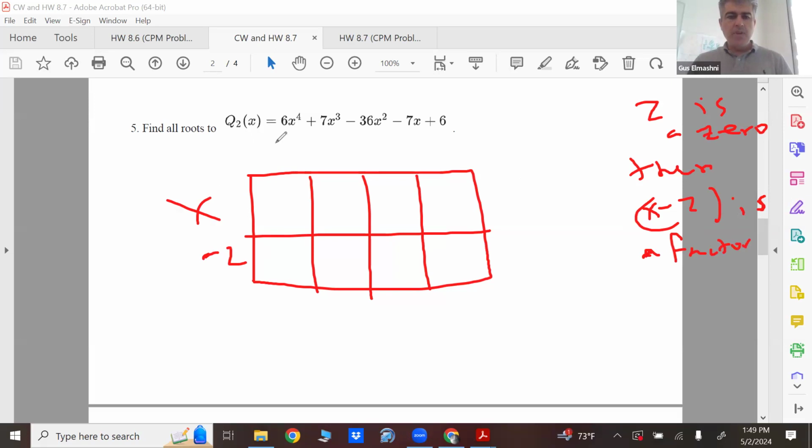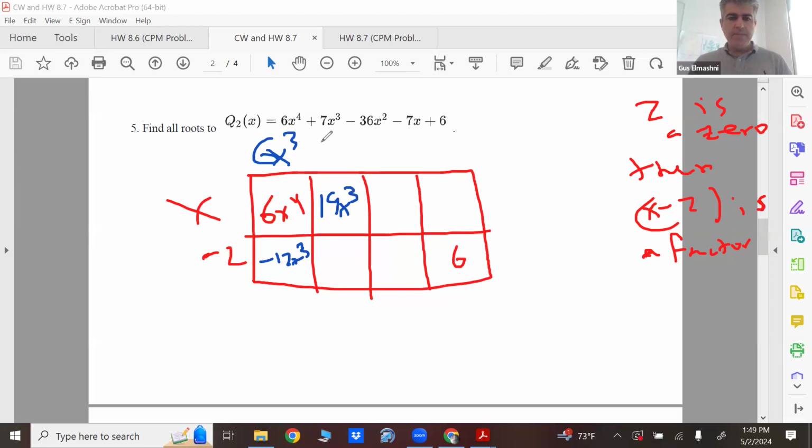Okay, so that's 6x^4, and that's 6. What do you multiply to x to get the 6x^4? What do you guys think? 6x cubed, you had 12x cubed. Then you'll need 19x cubed.